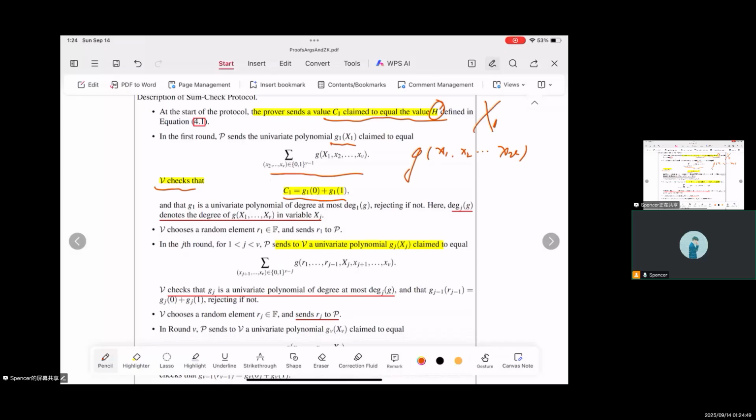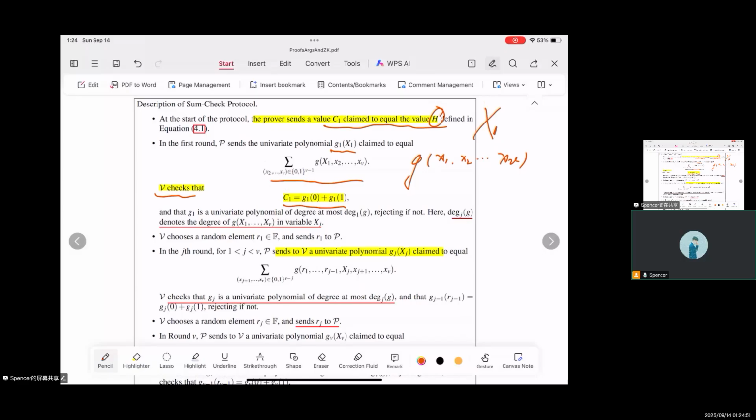So what's the logic of this formula? For G1 we know it is this equation, and only x1 is the variable, so it is a univariate polynomial. This means only the capital X1 is the variable, so it is a single variable function.